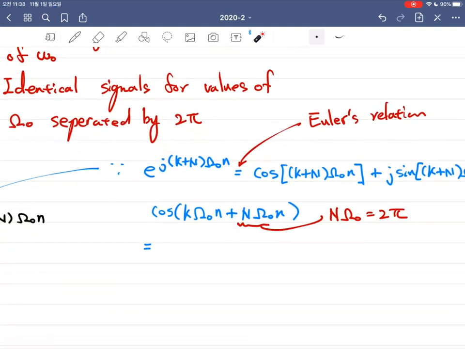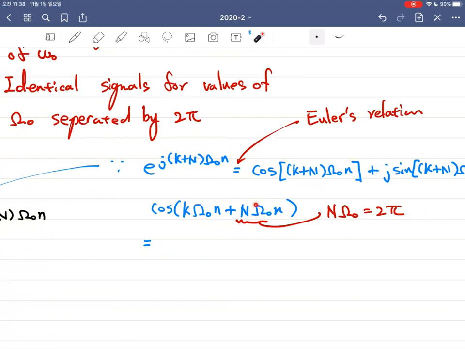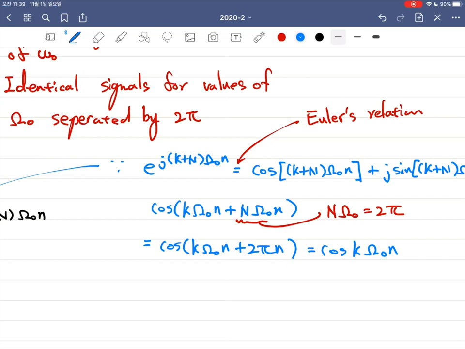So this cosine becomes cosine of k omega 0 n plus 2 pi n. And since we know that n is an integer because it's the discrete time case, it's an integer times 2 pi, so this contributes nothing new, right? So this is cosine of k omega 0 n.